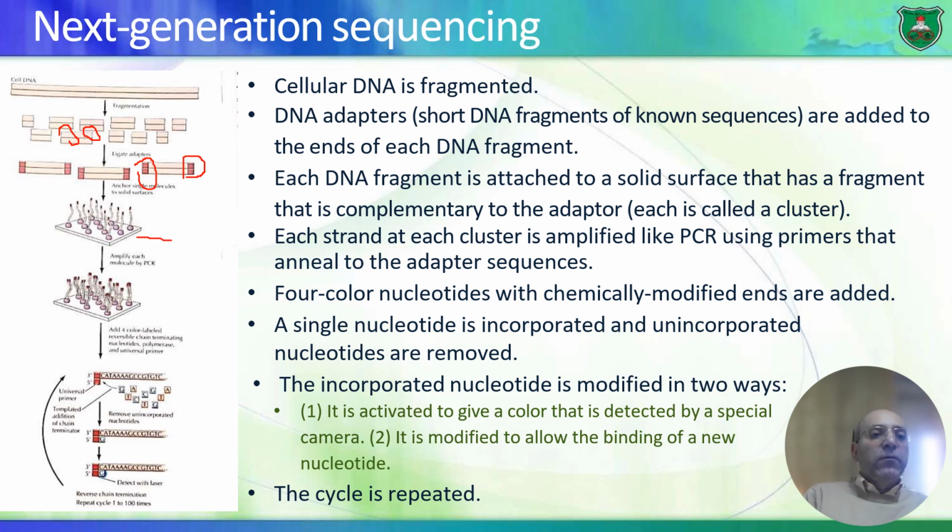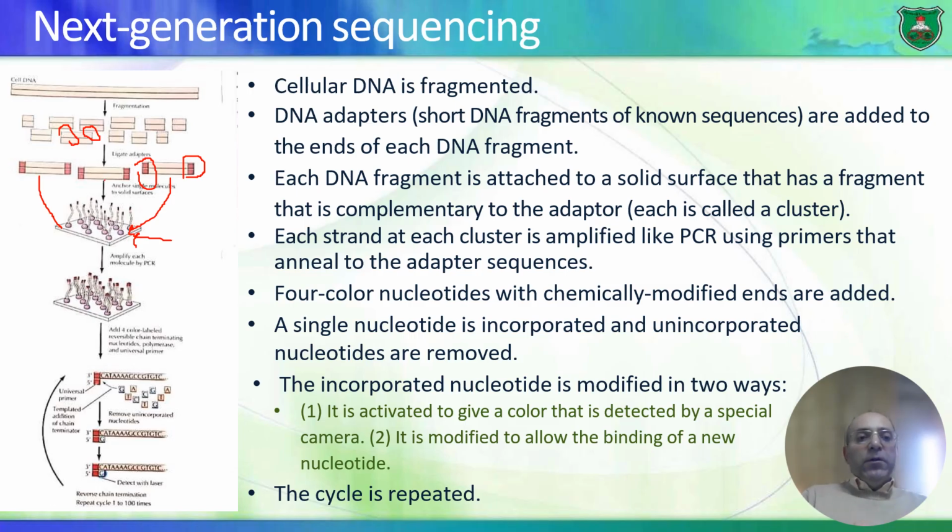This solid surface contains DNA fragments as well that are complementary to the adapters. So each one of these DNA molecules is going to bind to a certain DNA sequence. This fragment is added at this position, this one is gonna bind to that position, and this one to that position.